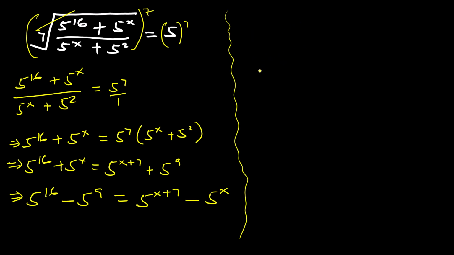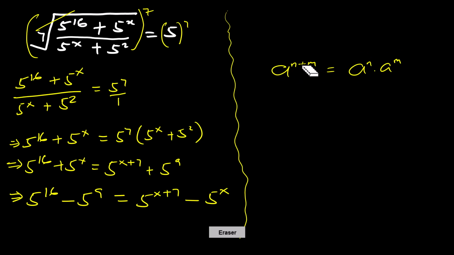So we want to do something here. Now we have 9 here, so can we adjust this so that we get 9 here? Yes. We have x here, can we get x here? Yes, of course. We know 9 plus 7 is 16. In indices, a raised to n plus m is the same as a to the power n times a to the power m.